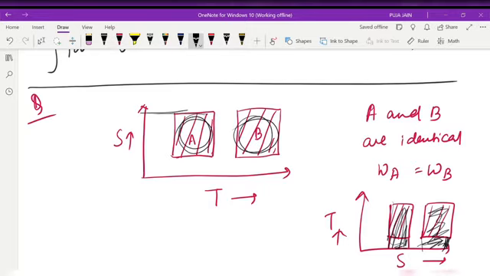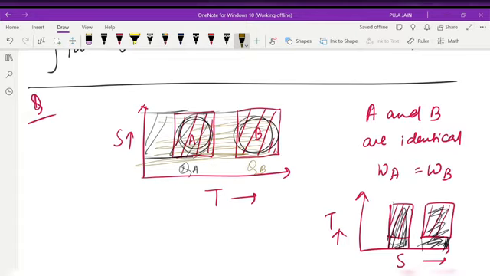For the first, this total is QA, and for the second, with this brown pen, this total is QB. Are you getting what I'm saying? This is ST and this is TS, mind it.